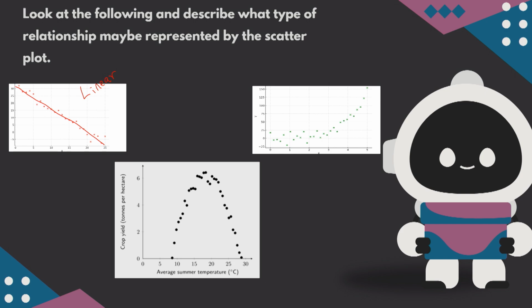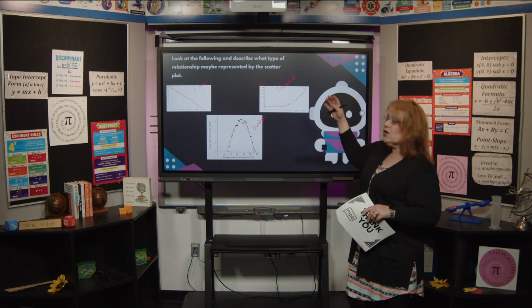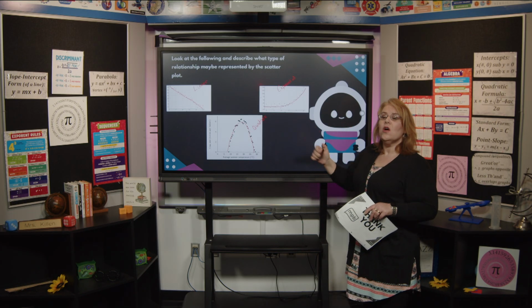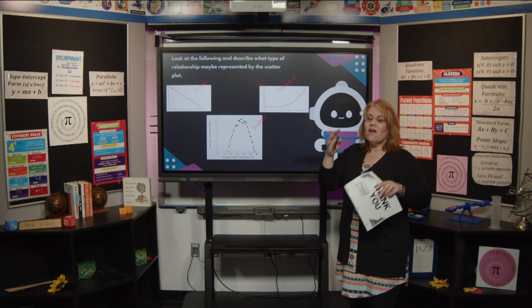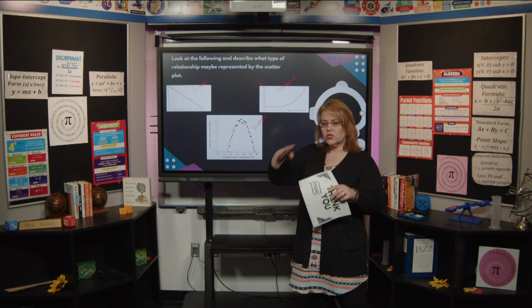Obviously it's not an exact parabola, but it does follow the parabola's way, so we could say this is quadratic. And this one would follow similar to our exponential. Even though it does not follow an exact path of linear, quadratic, or exponential, we can see the ways that they are following the curve or the straight line.